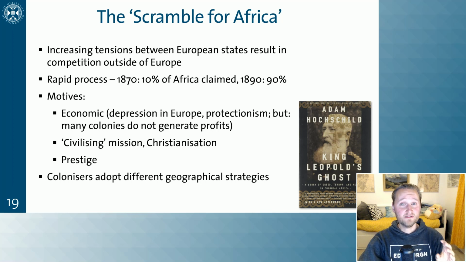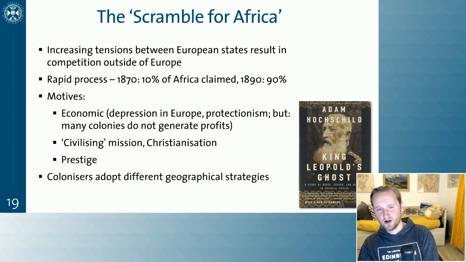And this was a really rapid process, at least in Africa and also in other places. If you look at a map of Africa in 1870, you will see that just about 10% of the landmass of Africa was claimed by some colonial overlord. And only 20 years later, so in 2 decades, that's about as long as you're alive, 90% of Africa had been claimed by colonial powers. So very rapid. The motives have been long looked at.